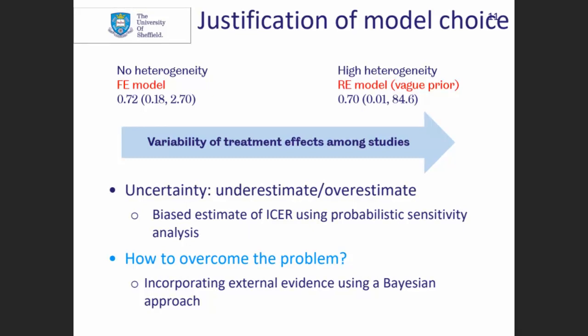And the recent updated NICE methods guide actually also suggests the use of external information to help estimate this between study heterogeneity in the case of sparse network.